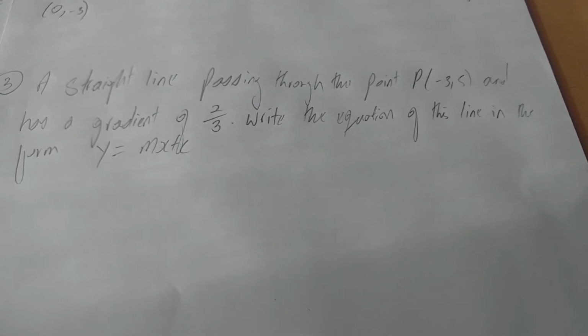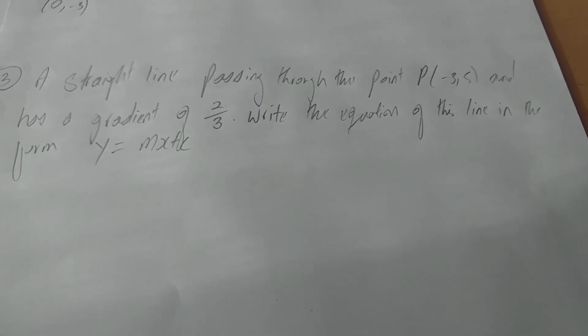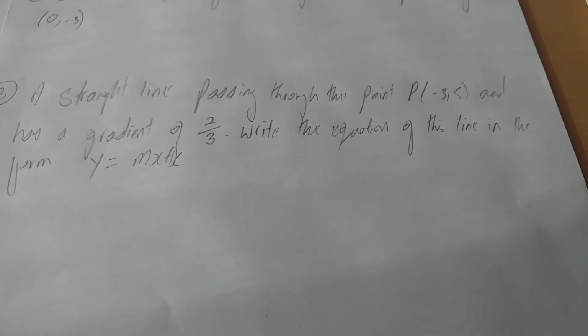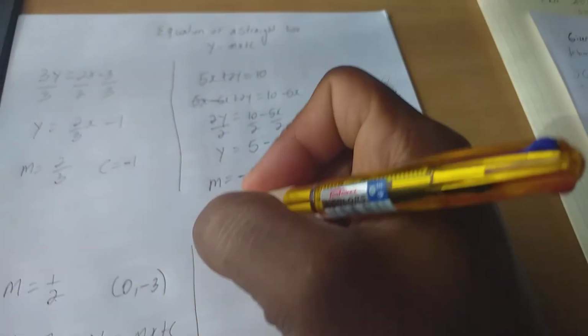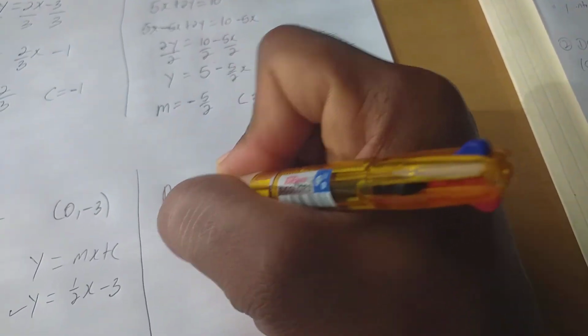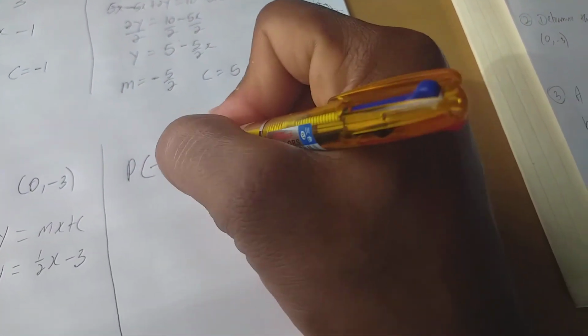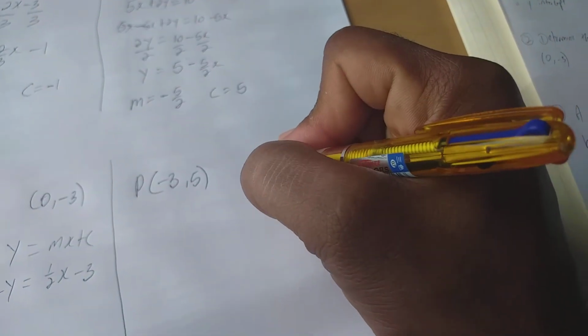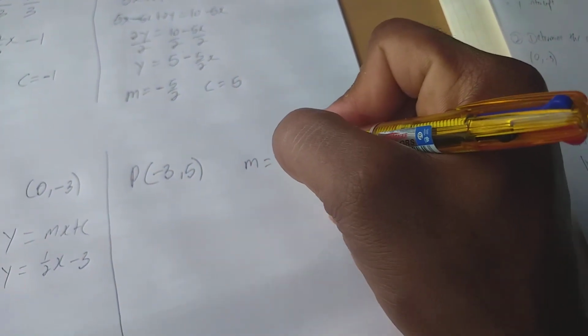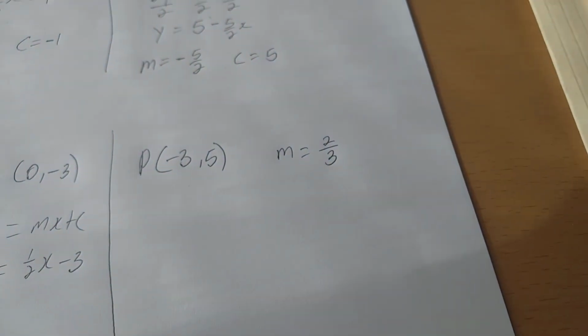It says a straight line passing through the point P, with coordinates -3 and 5, and has a gradient of 2/3. Write the equation in the form y equal mx plus c.